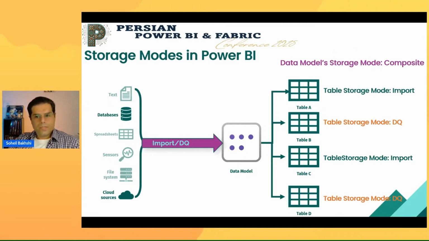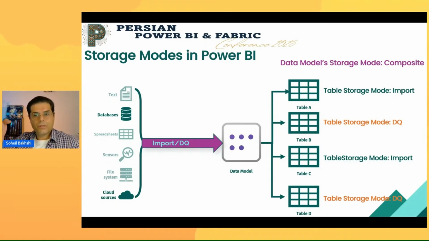Now, what if we have some tables that are in DirectQuery mode and some of them in import mode? This is also supported in Power BI. The connection is a mixed mode, a mix of DirectQuery and import mode.